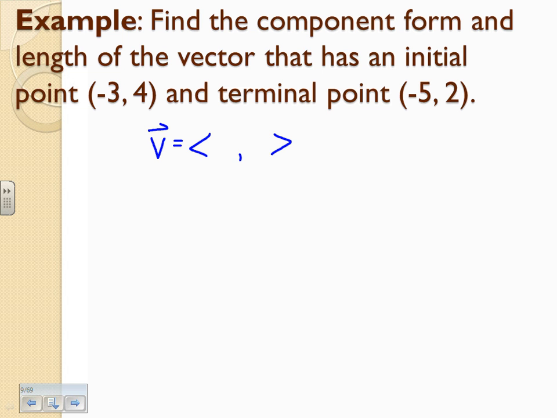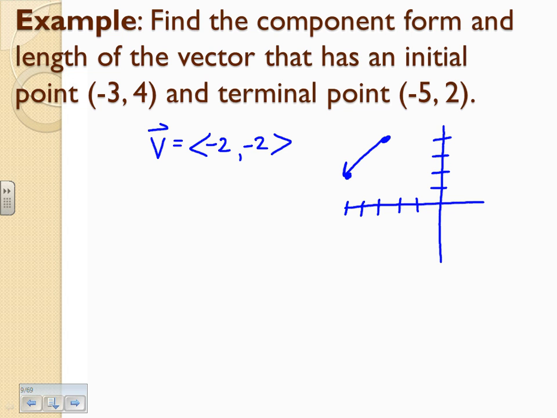You do terminal minus initial. So negative 5 minus a negative 3 would be negative 2. 2 minus 4 would be negative 2. So it has to be terminal minus initial. Yeah. So basically, let's see, what did we need to go to? So if I took that point, negative 5, 1, 2, negative 3, 4. So we had, this was our beginning, this was our end. There's our vector, right?